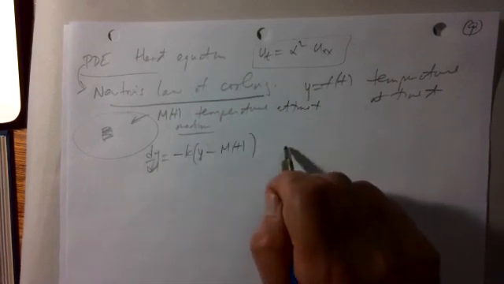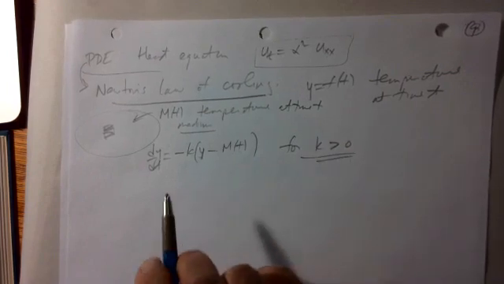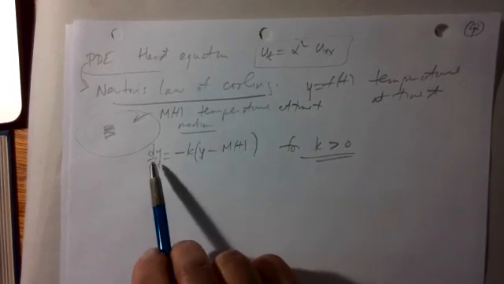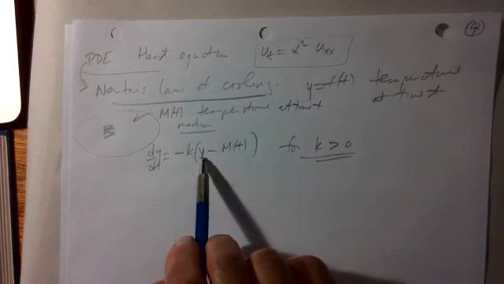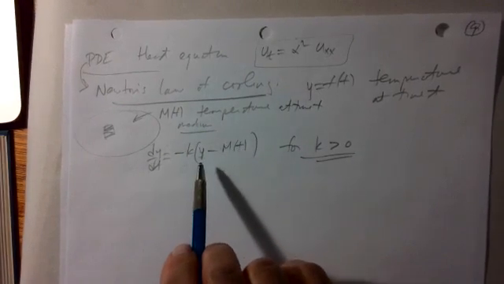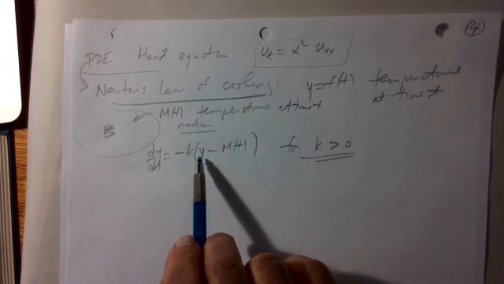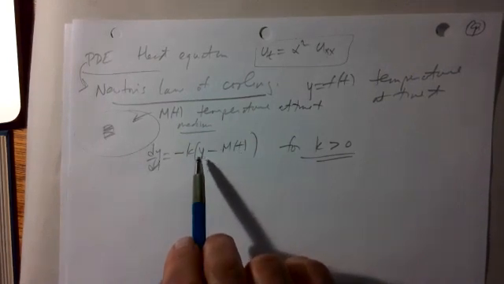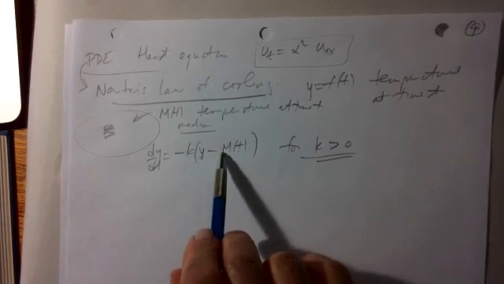Newton's law of cooling says that for any body, there's some positive constant k, such that the rate of change of the body temperature is proportional to the temperature difference between the body and the external medium. So if you're in a room which is at 70 degrees and your body temperature is 96 degrees, 96 minus 70, that's a positive number.